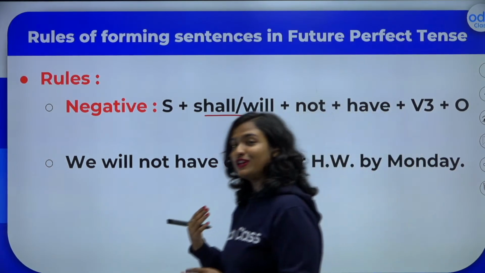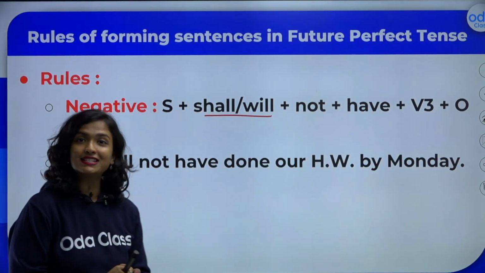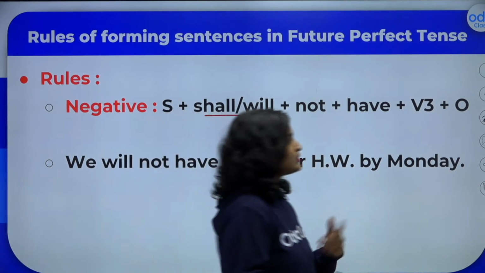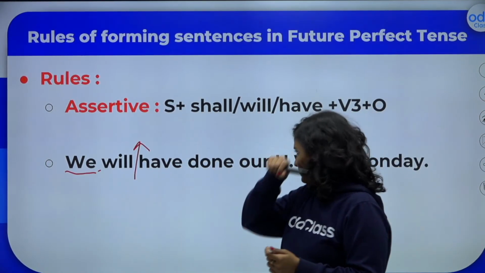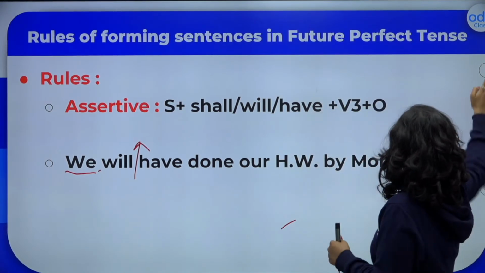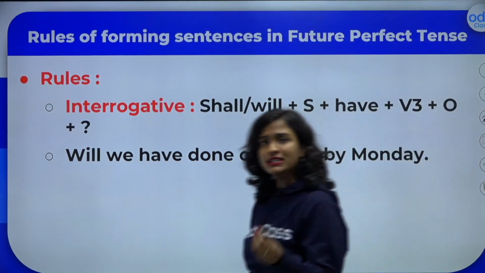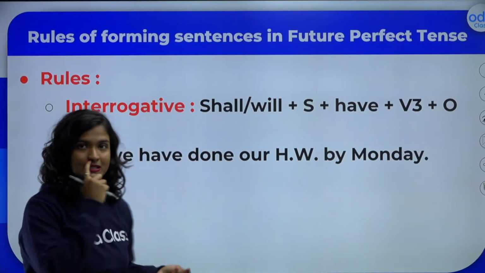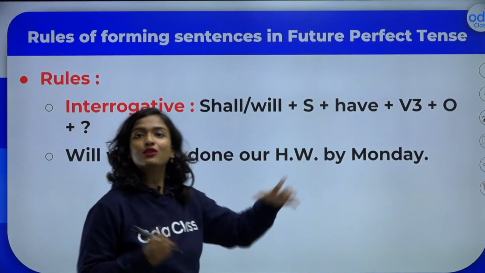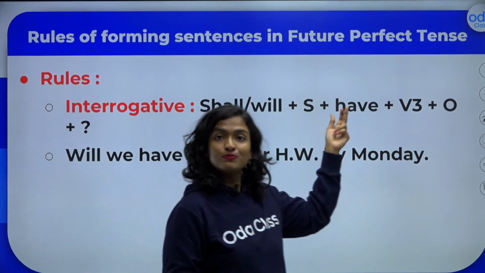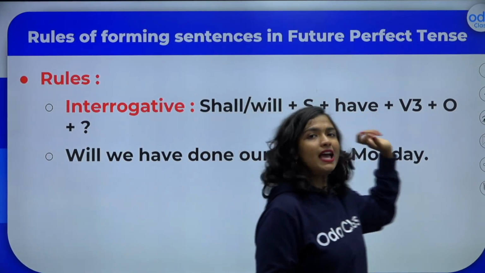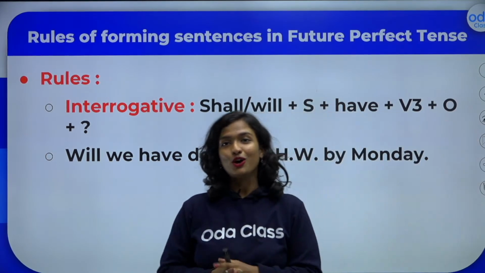Then what happens when we have to form a question in this tense? Once again, students, remember, we have to flip the position of certain parts here. So just like in our other interrogative sentences, our shall or will come before the subject, shall or will, followed by our subject, followed by have, verb 3 and then the object.